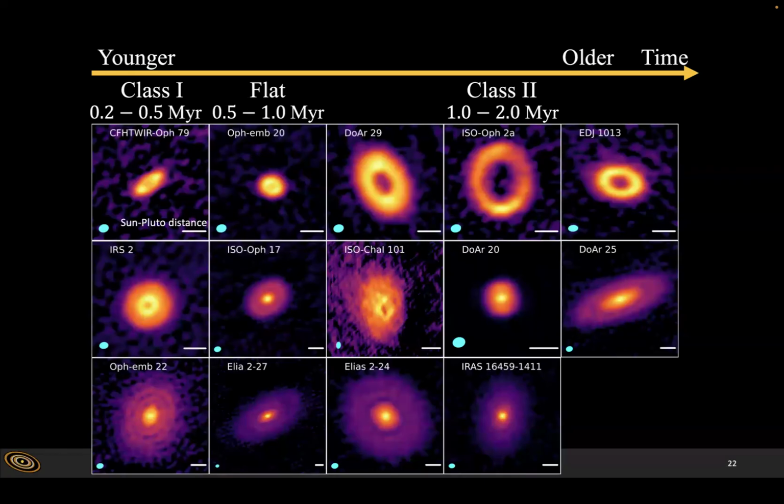Yeah, the beam size is my resolution element, and that's around 15 AU. So you're effectively sensitive to these Jupiter-type, farther away planet formation rings.